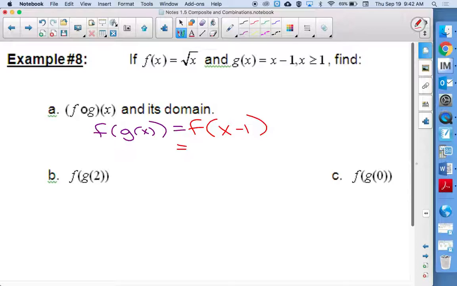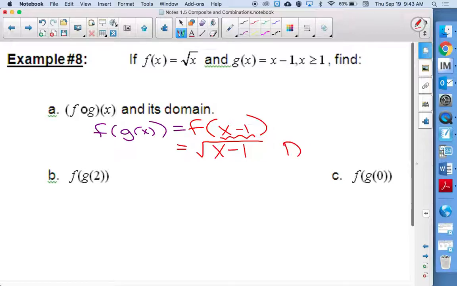Gabby, what would f of g of x be equal to? So if we have x minus 1, or g of x, f of x would be the square root of x. Square root of x, oh, minus 1. So whatever's in parentheses is replacing x. So now it's the square root of x minus 1.